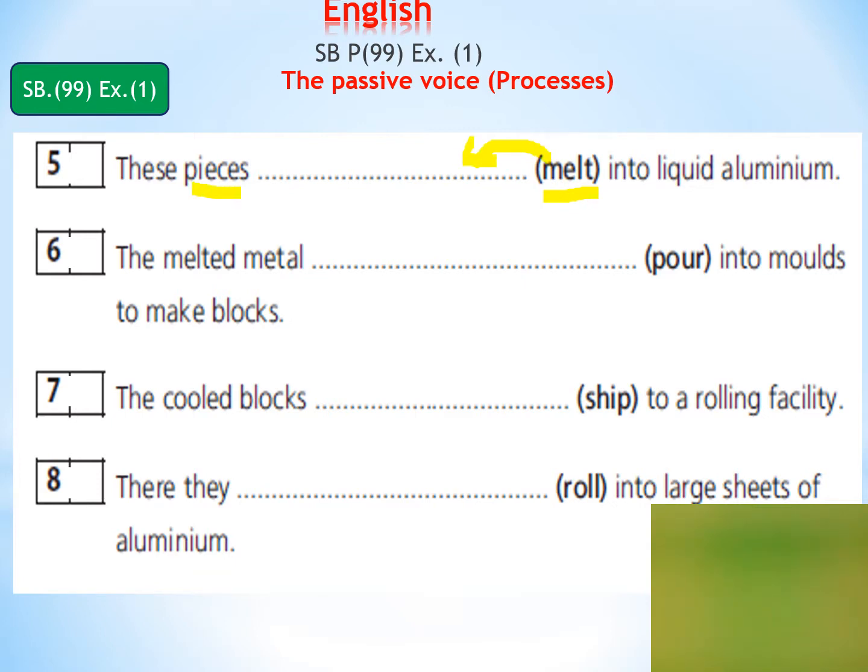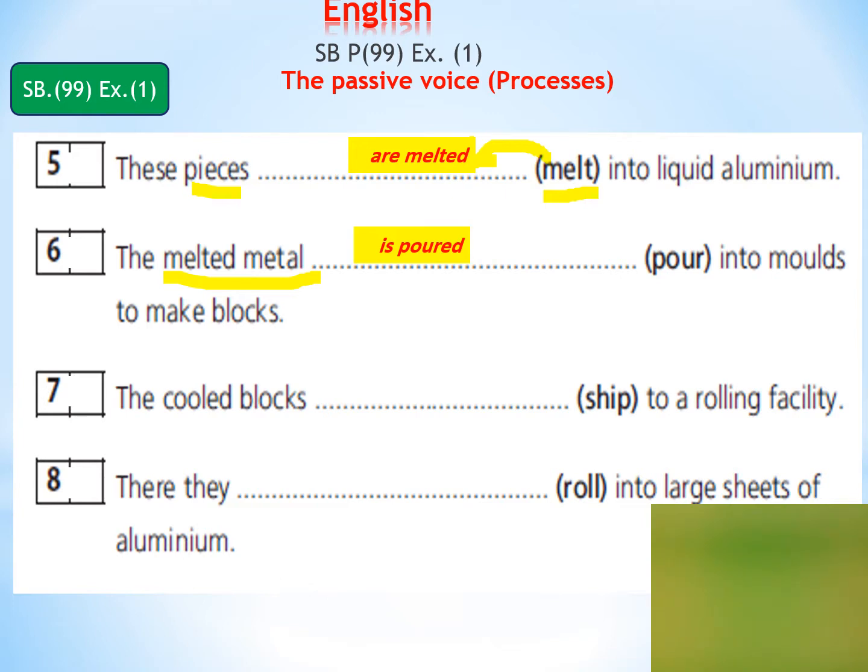Pieces, plural. Be plus plural remains are, so they are melted. The melted metal: now I have only one metal, I don't have many, so be is not going to be conjugated as are, but is. So here, is poured into molds to make blocks.